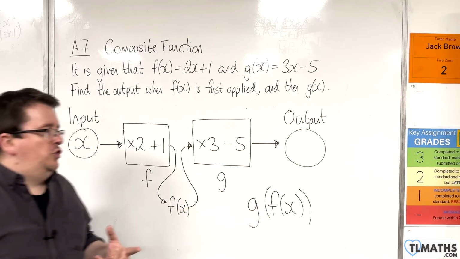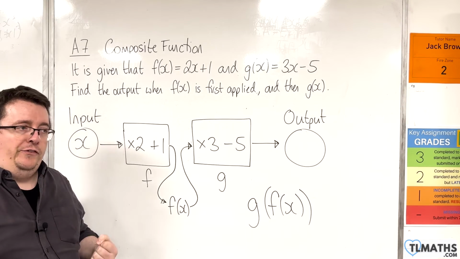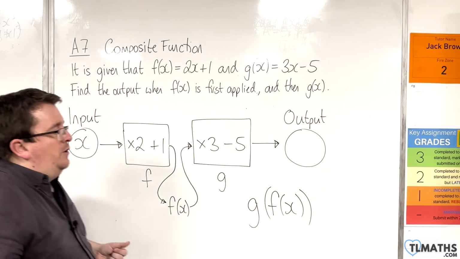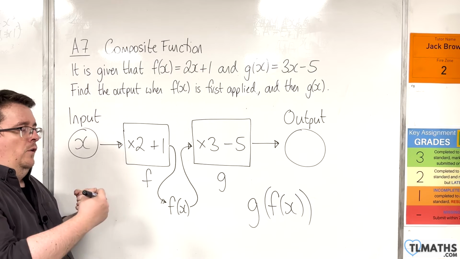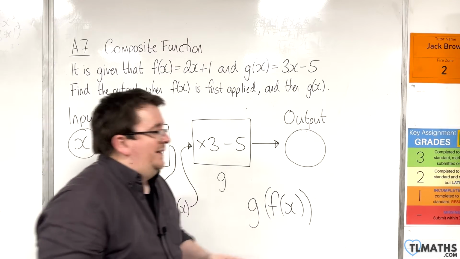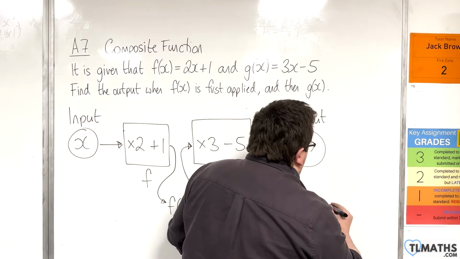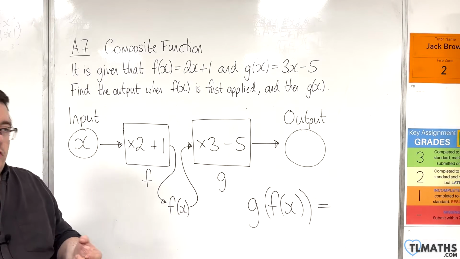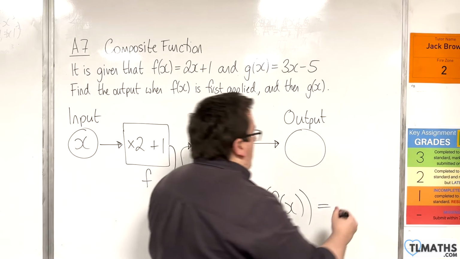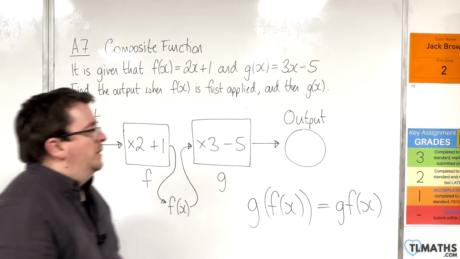A composite function is when you've got more than one function being applied at the same time. Because you could theoretically have lots and lots going on, the bracketing becomes quite confusing. So we are going to ignore the outer bracket, have just the one inside, and write this as gf of x.